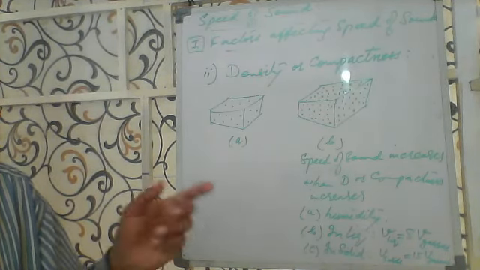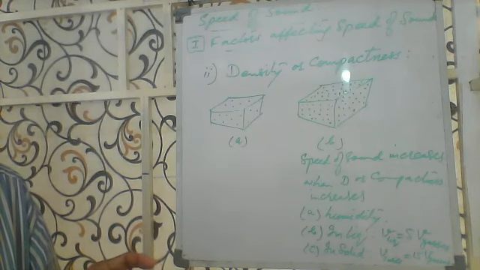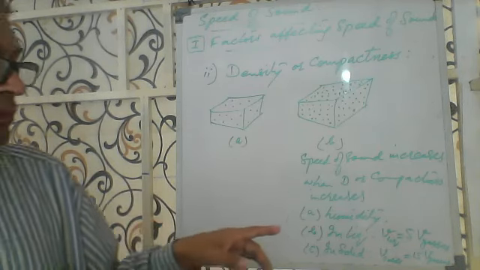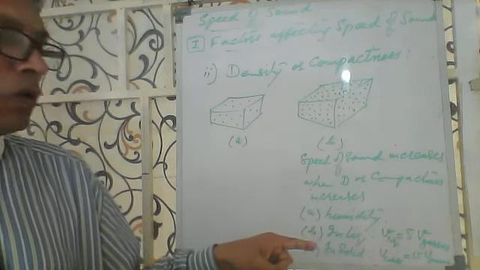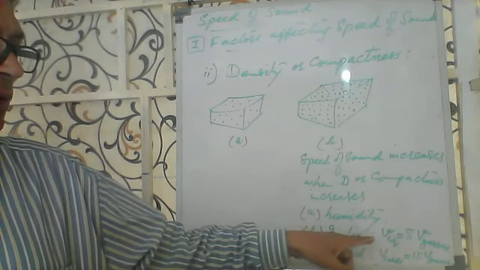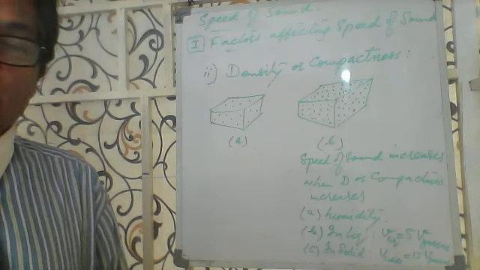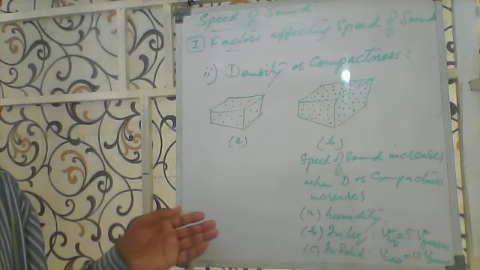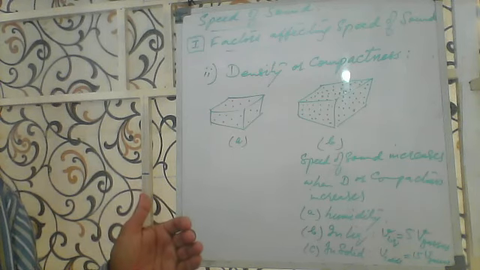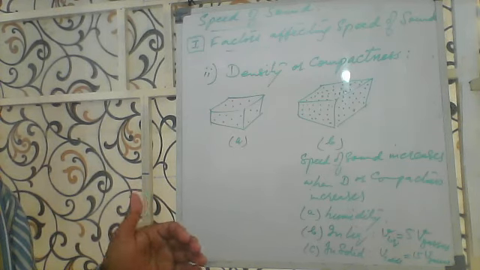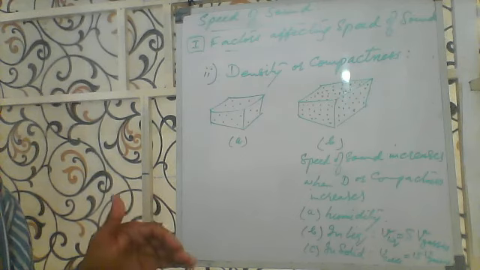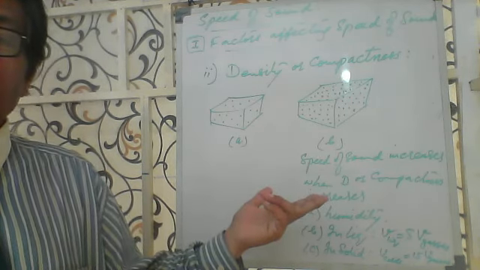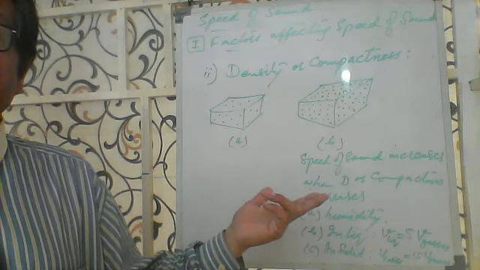So if the speed of sound in air is 331 or 340 meter per second, then the same speed of sound will be increased. Say in seawater, in your book it is given 1531 meter per second, which means approximately 5 times the speed in air.